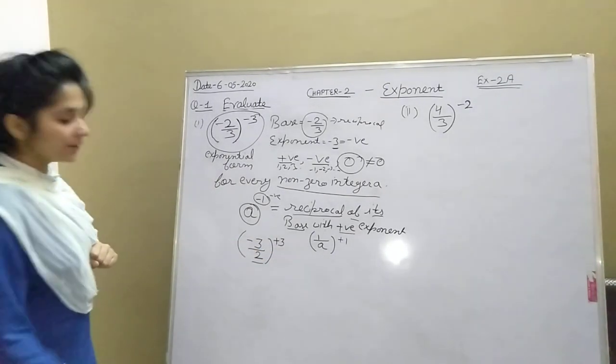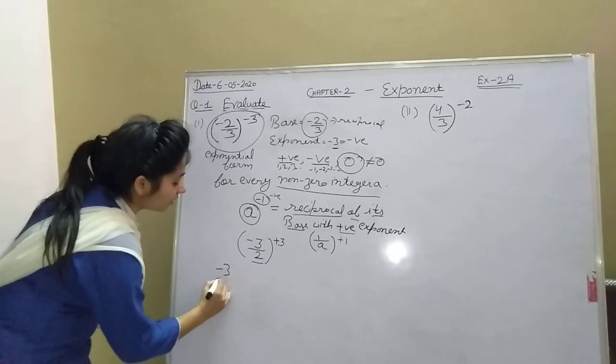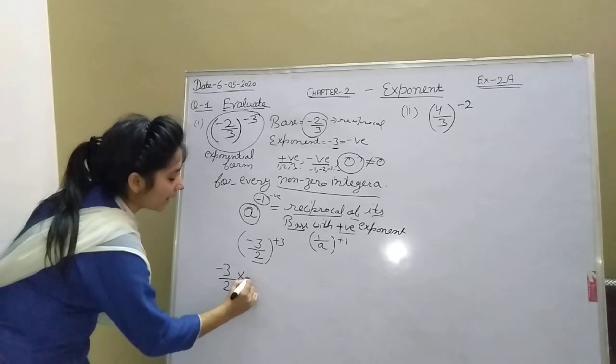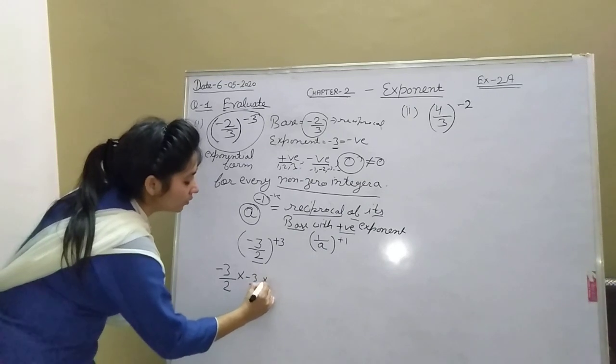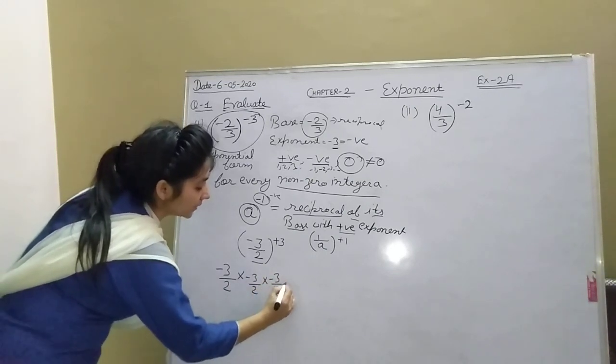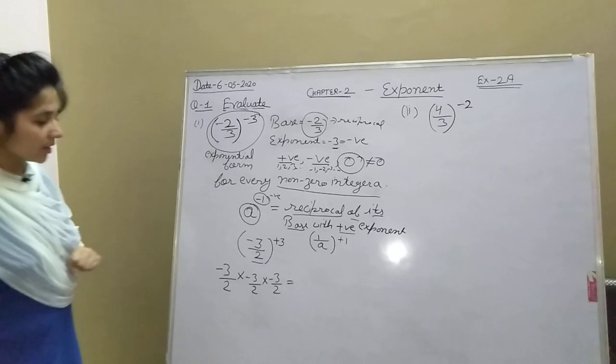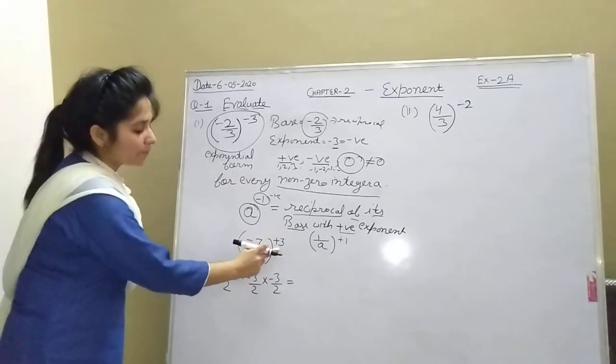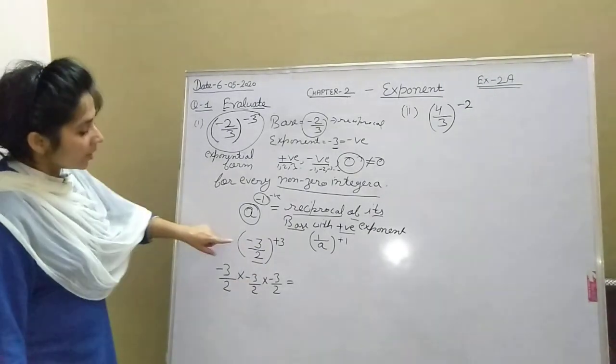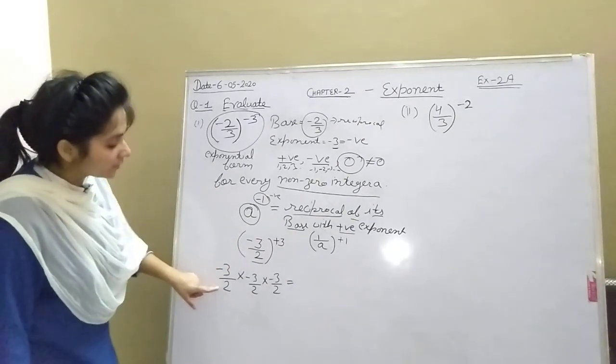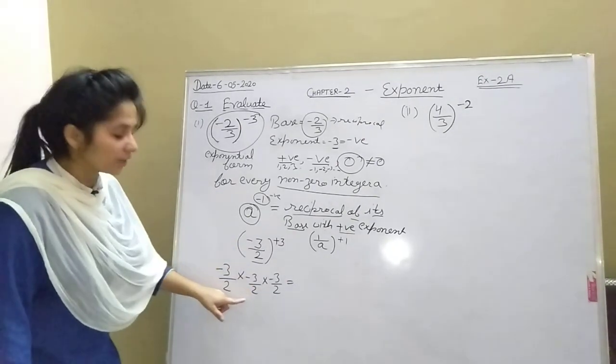It means that we have to multiply minus 3 by 2, 3 times. Minus 3 by 2 raised to power positive 3 means we have to write the base 3 times.